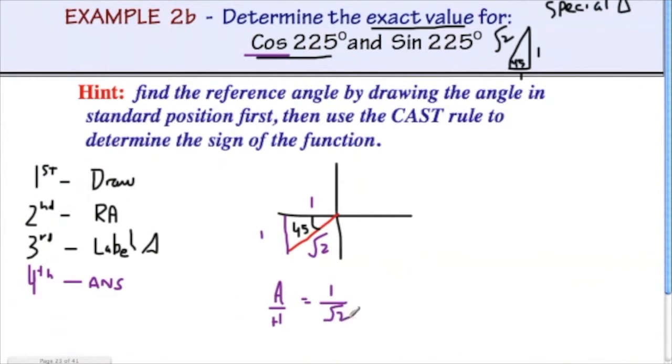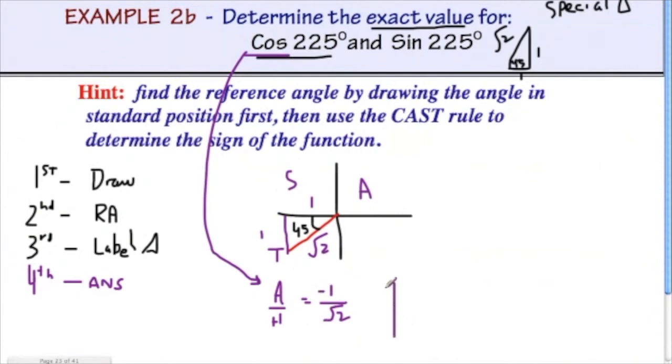Now, if we're doing the cos, before we say final answer, always check the CAST rule. Very, very important. ASTC: I'm in the tan quadrant, and this is a cos question, so make sure you put a negative there.